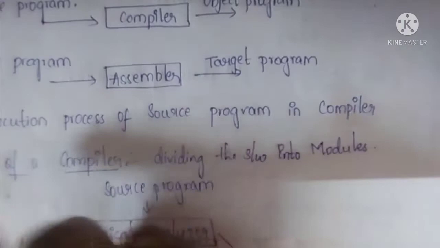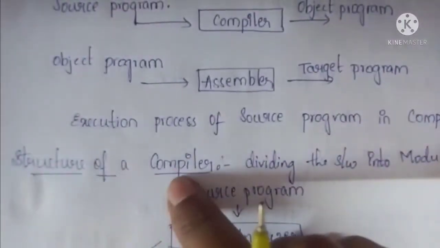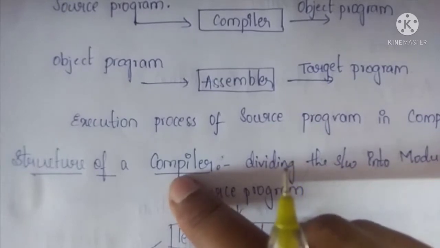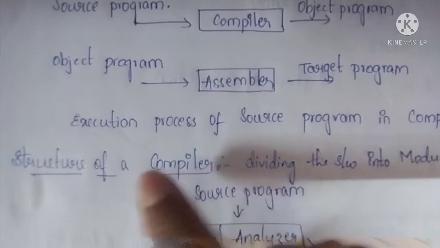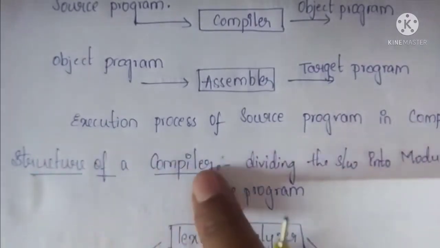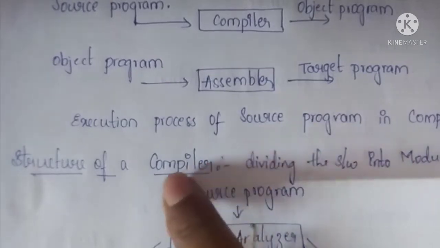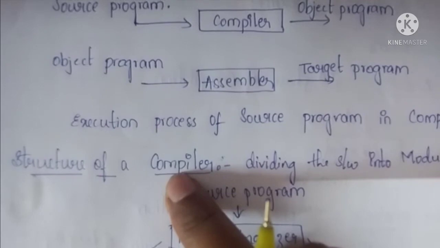Once again, any large software is easier to understand and implement if it is divided into small well defined modules. That's the reason we are implementing this structure of a compiler. In this structure of the compiler, we are going to divide the compiler into different steps. We will see what steps we are going to divide the compiler into.